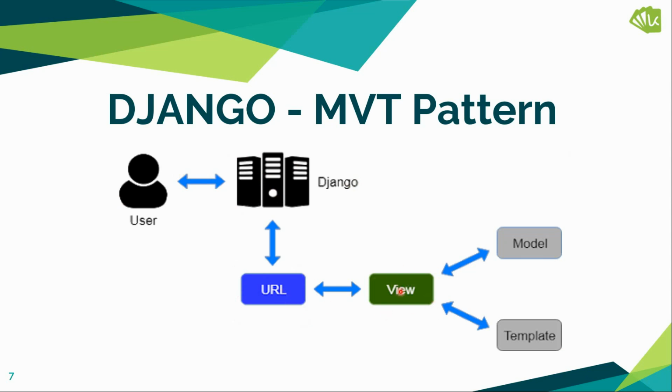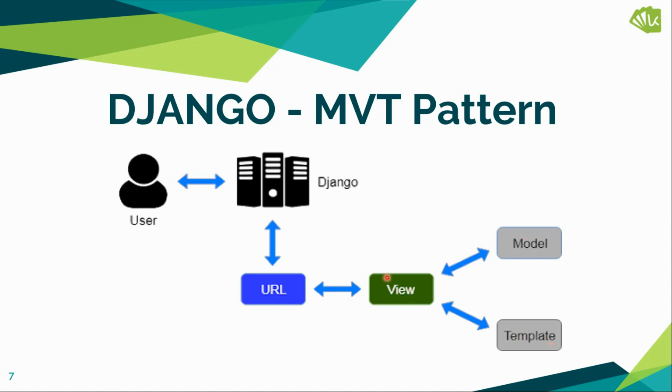Now the view will decide if it has to contact the model, get data and return back, or it has to contact a template. A template is just an HTML file, basically a boilerplate for your UI. So the view will decide whether to contact the model or the template to return a response.